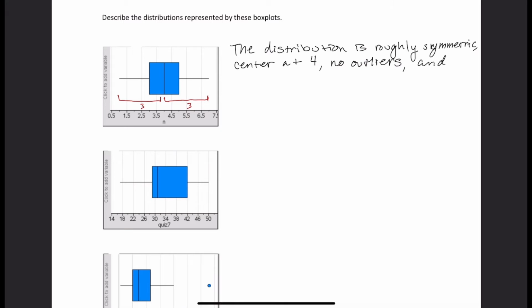And we need to talk about spread. Since we don't have the actual data in front of us, we have to do the range again. So 7 minus 1 is our range. 7 minus 1, which will give us a range of 6. And we're going to follow very similar process here.